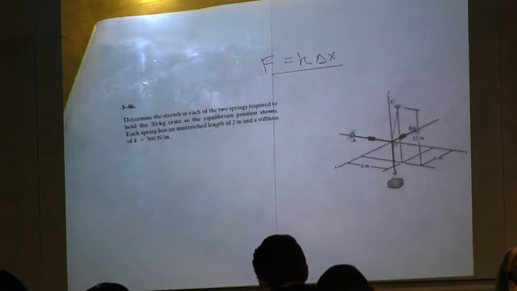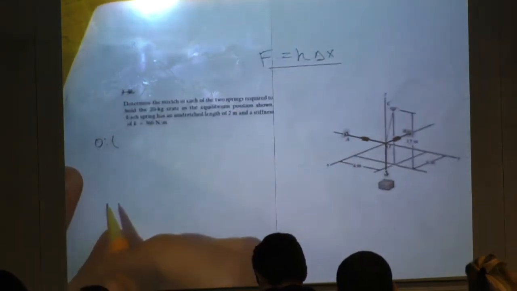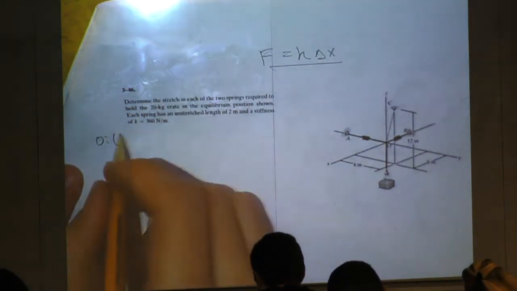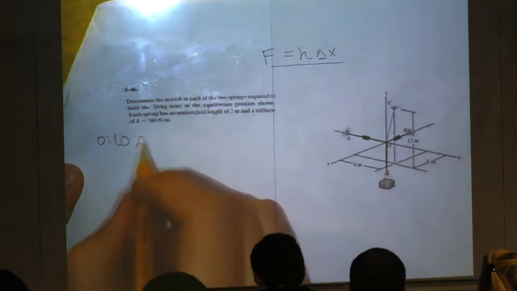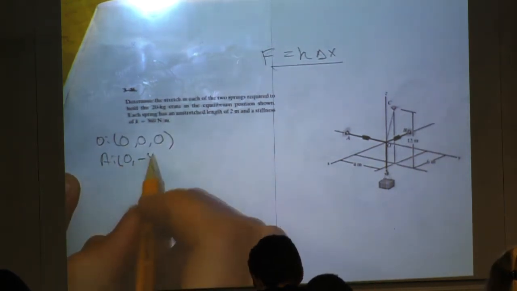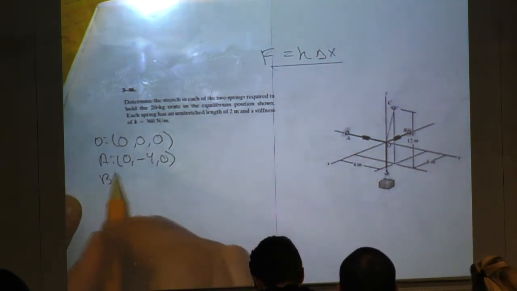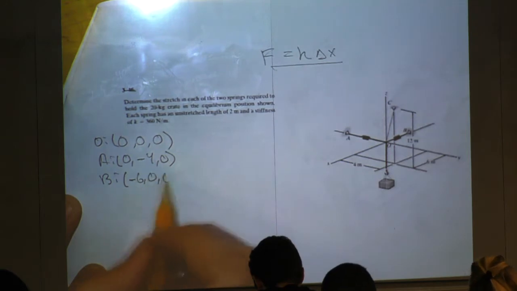All right, so let's do what we did before in the last problem. Let's just write out our points again. I'm sure everyone can see that. So O is my origin point, so it's going to be 0, 0, 0. And then I have A, 0, negative 4, 0. B is going to be negative 6, 0, 0.